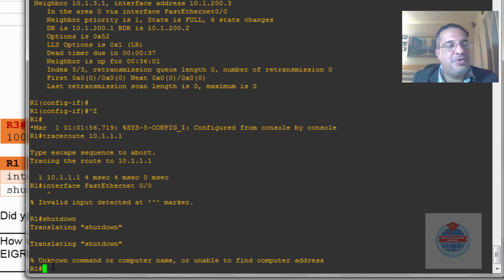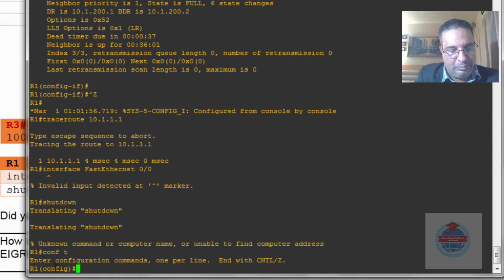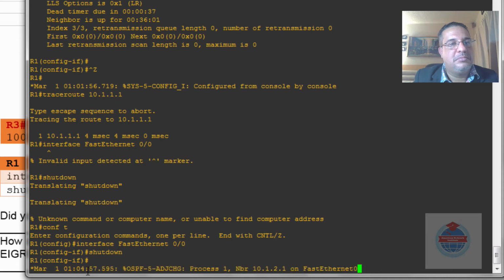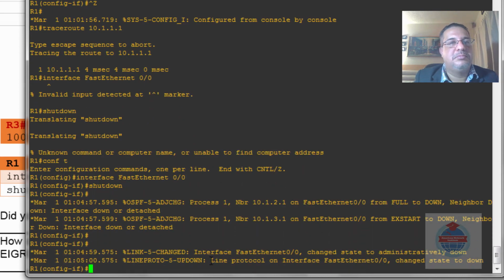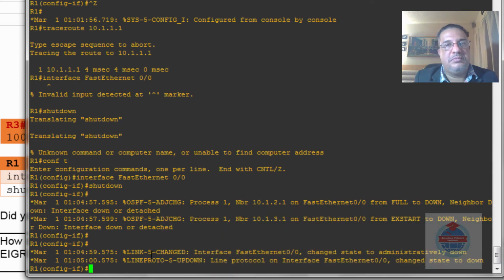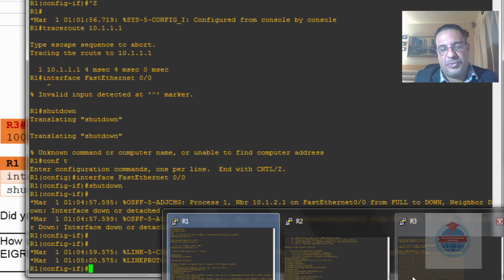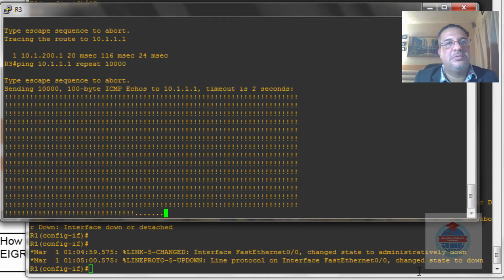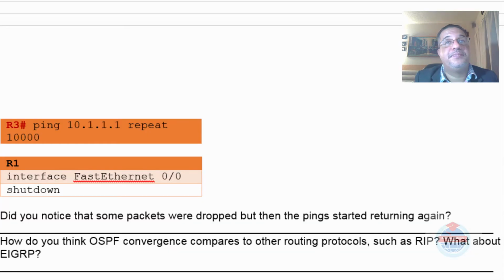We're going to shut down that interface. So now we shut down. Look at the behavior of R3. Do you notice that some packets were dropped, but then the ping started returning again?